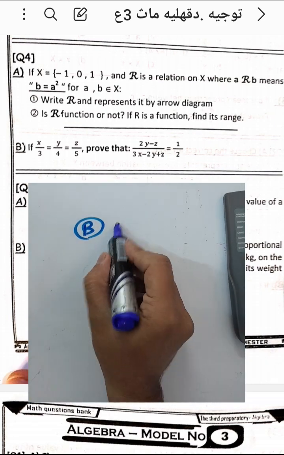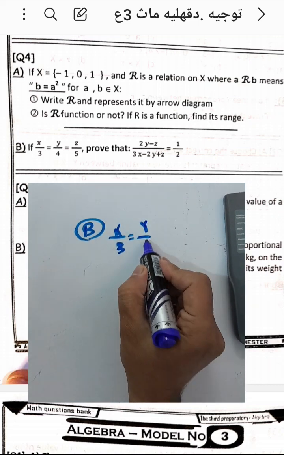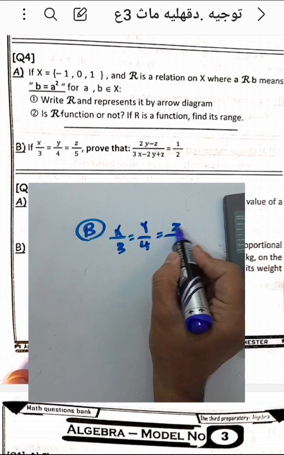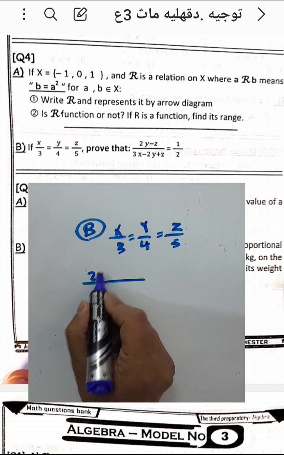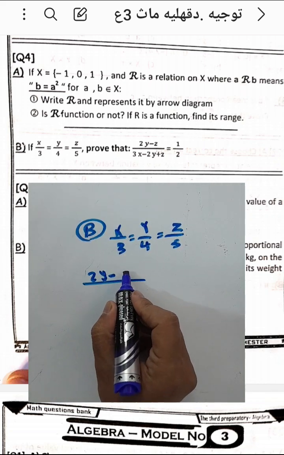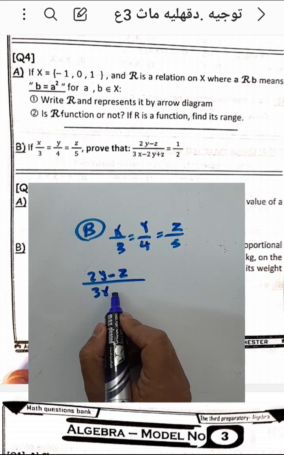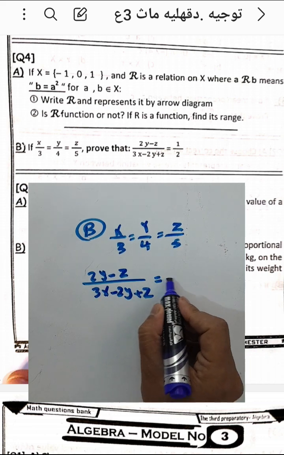If x over 3 equal y over 4 equal z over 5, prove that 2y subtract by z over 3x subtract y plus z equal 1 over 2.